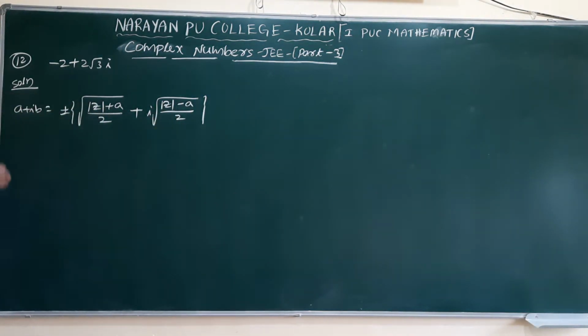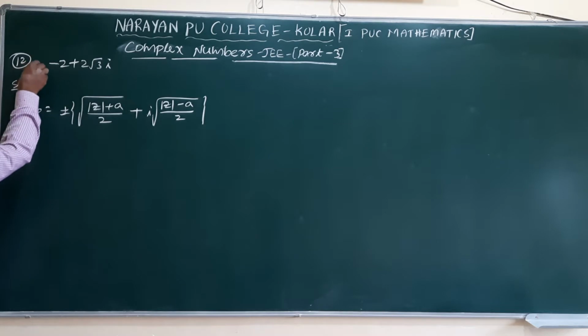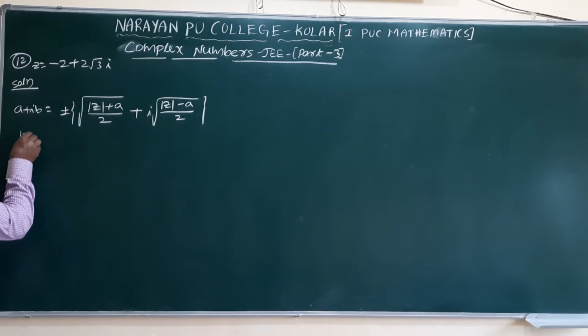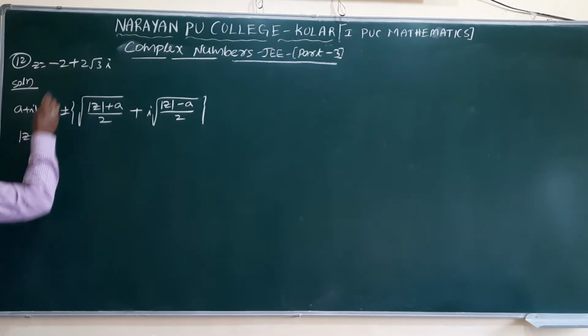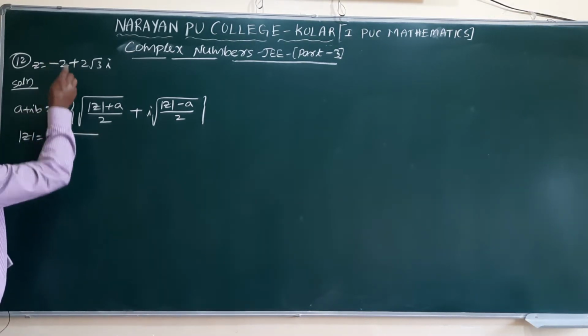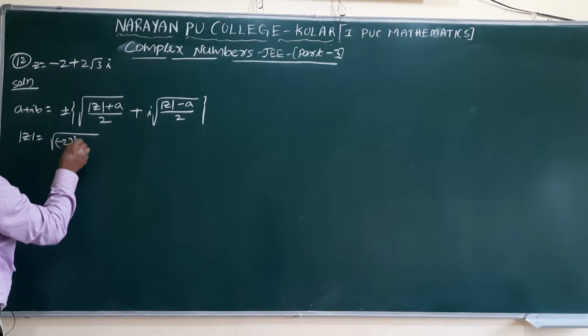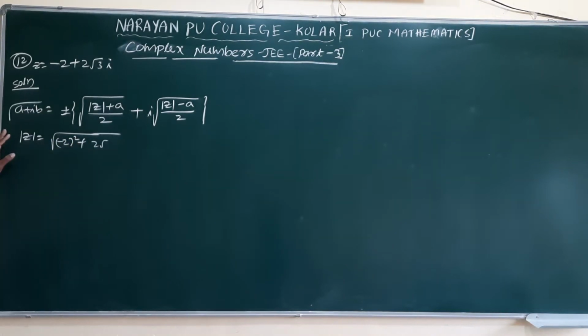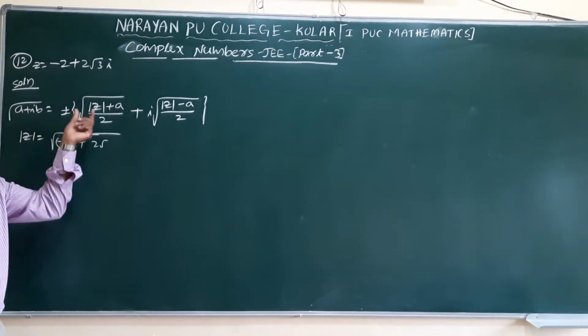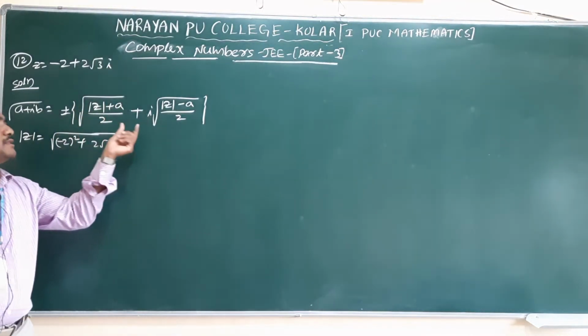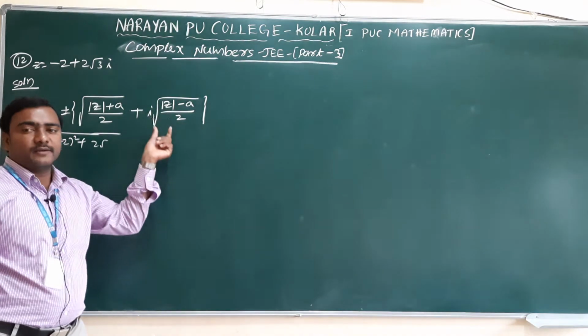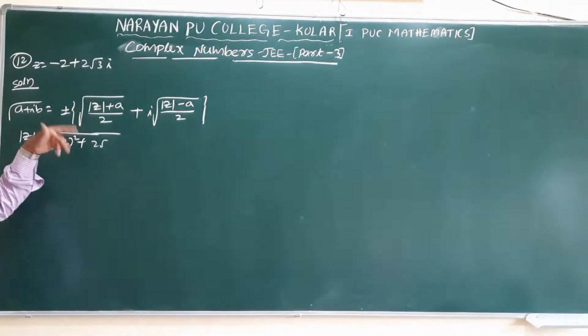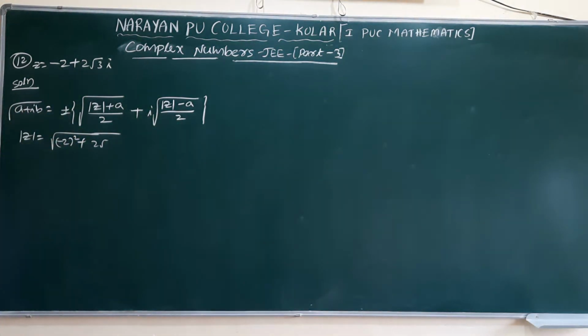Now first we have to find mod z. Let z be equal to minus 2 plus 2 root 3 i. So mod z is equal to square root of a square plus b square.